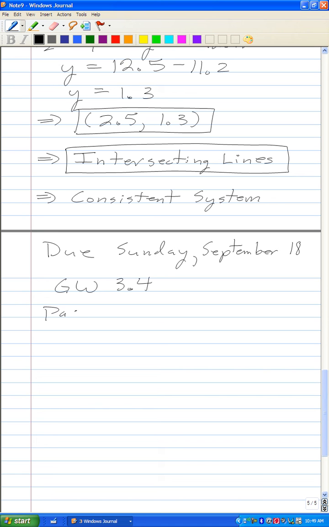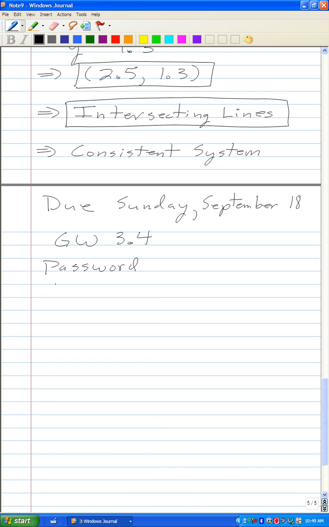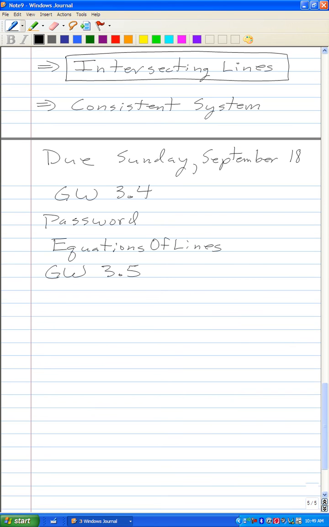And the password will be equations of lines, all is one word. Next to group work 3.5, and the password is inequality.